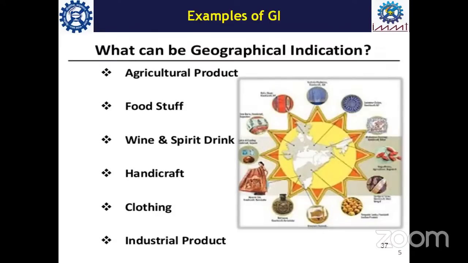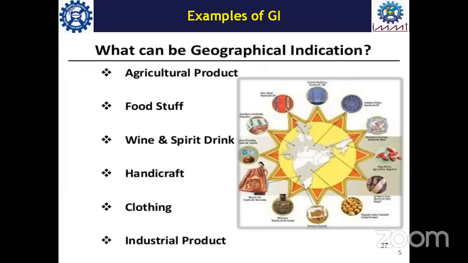Any of these. By now, I think our participants are from different places, different states. By now, you can recollect the kind of products or goods that are coming from your respective places which might have GI. I am from Hyderabad. I can name some examples from Hyderabad. Hyderabadi biryani, Hyderabadi haleem, Tirupati laddu are examples of GI.